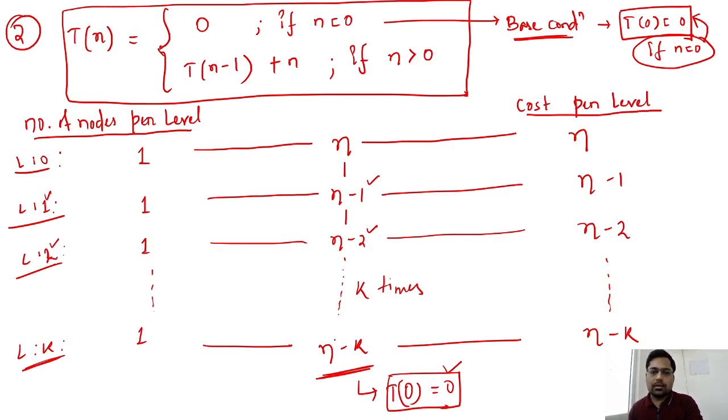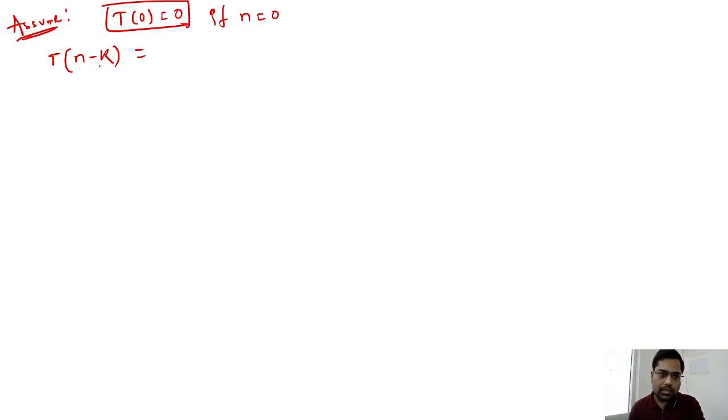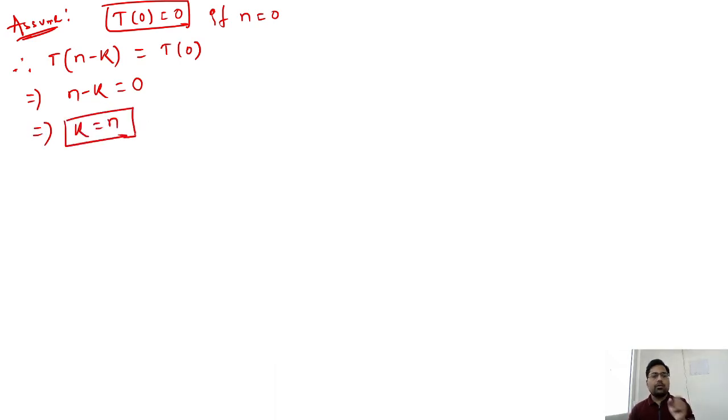The function will be equated to the base condition, then the cost will be equated. Here k equals n. This is how you prove how many times it is running. The k you are running is indirectly n times.